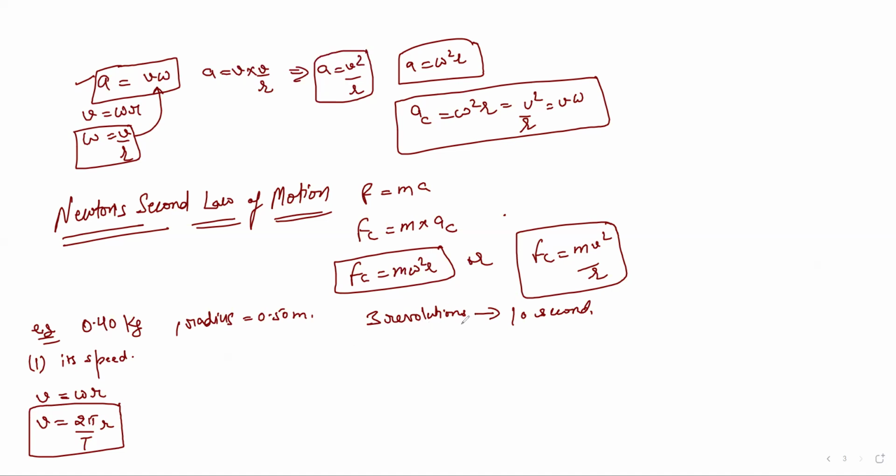Three revolutions in 10 seconds, so one revolution will be completed in 10 by 3 seconds. So we will substitute values here. We will get V is equal to 2 pi divided by 10 by 3 and multiply by radius. Radius is given 0.50, right? So you can do this calculation to find the velocity v.